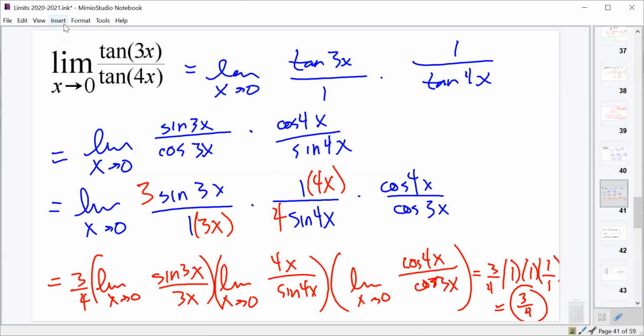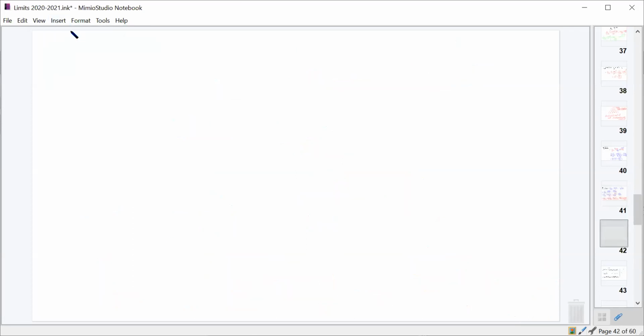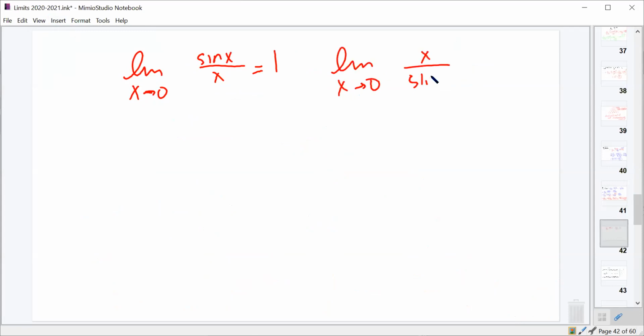All right, real quick. There are 6 different trig limits I want you to have memorized. So we've talked specifically about 4 of them. This one is 1. This one is also 1. We had 1 minus cosine x over x.